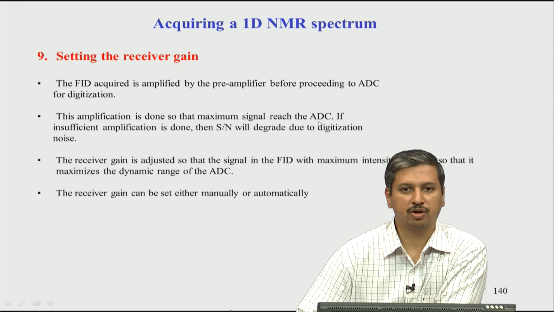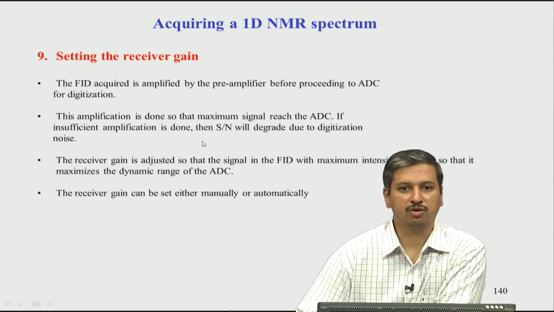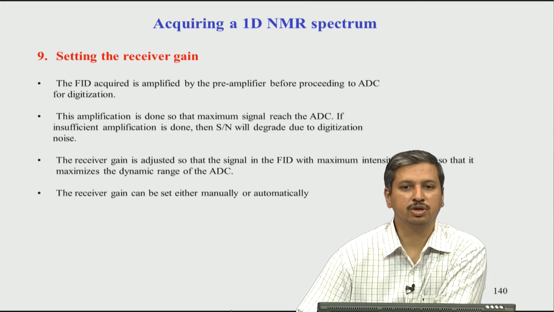ADC is called analog to digital converter. It is the next step after we record the signal. Receiver gain is simply scaling up the signal, but remember noise is always there in the signal, so the noise also gets amplified. So, both signal and noise are amplified, and then fed to the ADC.